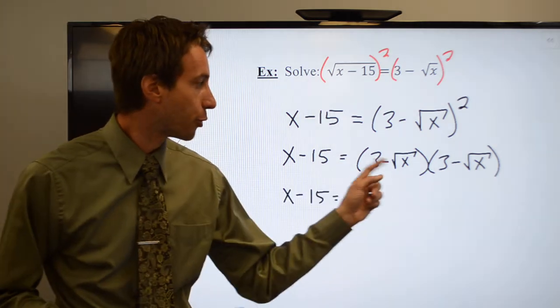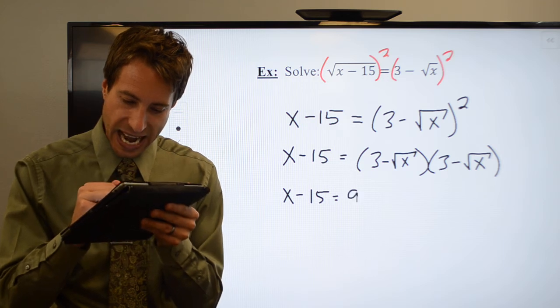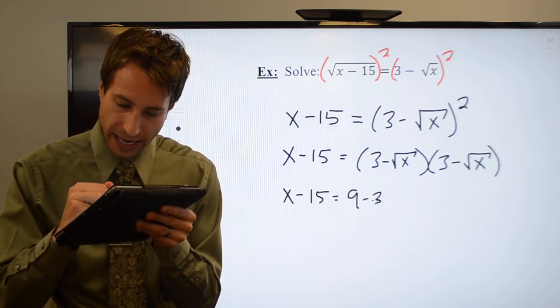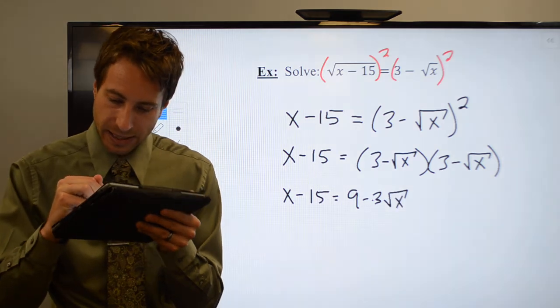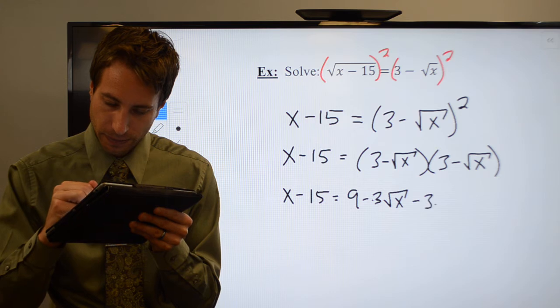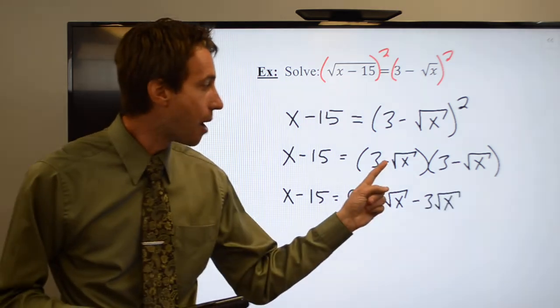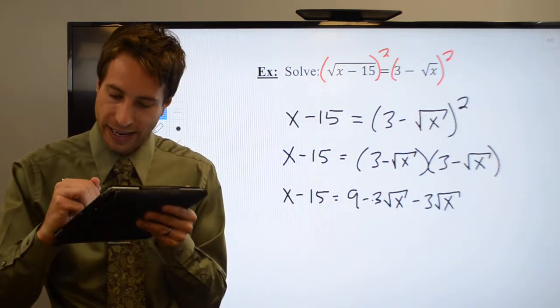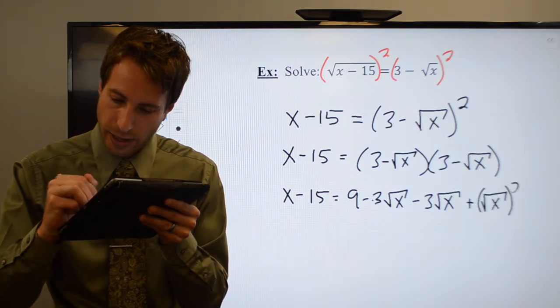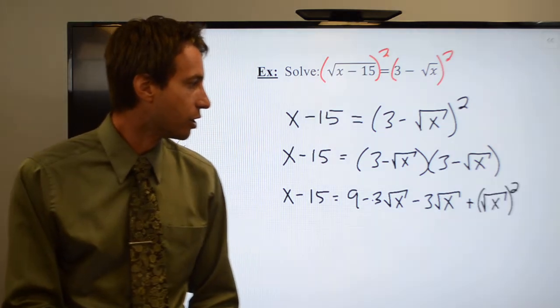Here we go. 3 times 3 is going to be a 9. I will have a minus 3 square root of x minus 3 square root of x. And then negative square root of x times negative square root of x will be a positive square root of x squared, because anything times itself will be squared.